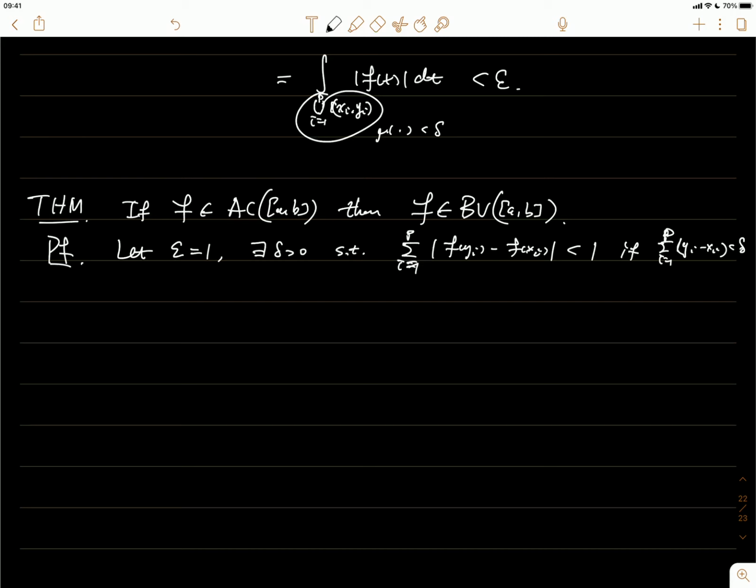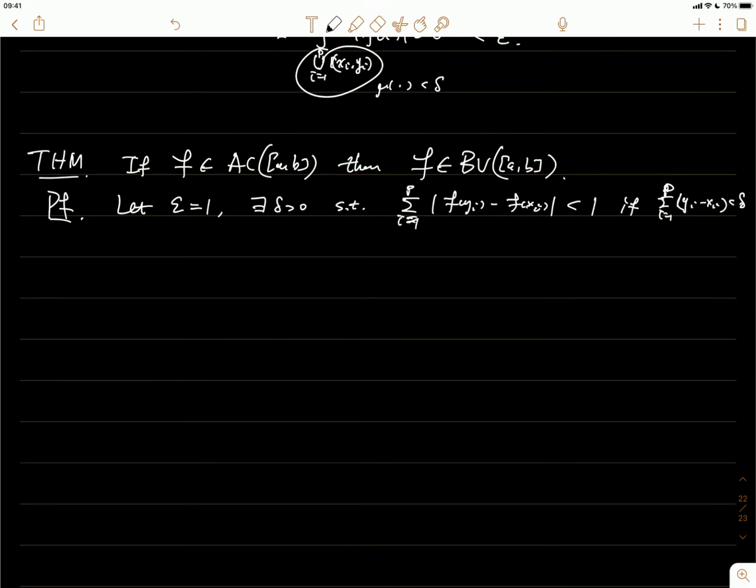Well, we can just choose one interval, and if the single interval has a length less than delta, then we don't need the sum. We just say if y minus x is less than delta, then |f(y) - f(x)| will be less than 1. We don't have to have p of them.